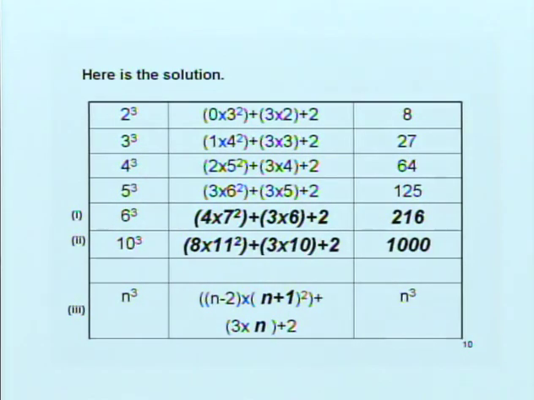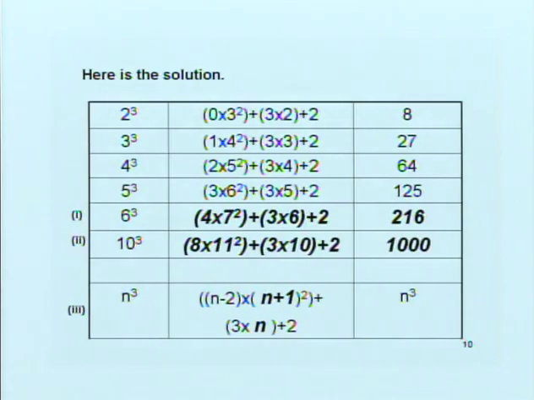When we have to find n cubed, we will have to determine what the missing element in the brackets was. And that is expressed as n minus 2 times n plus 1 all square plus 3 times n plus 2. When that expression is simplified, we'll end up with n cubed.